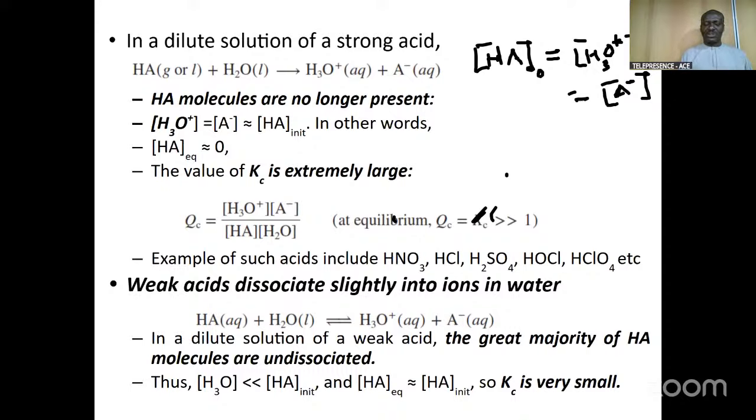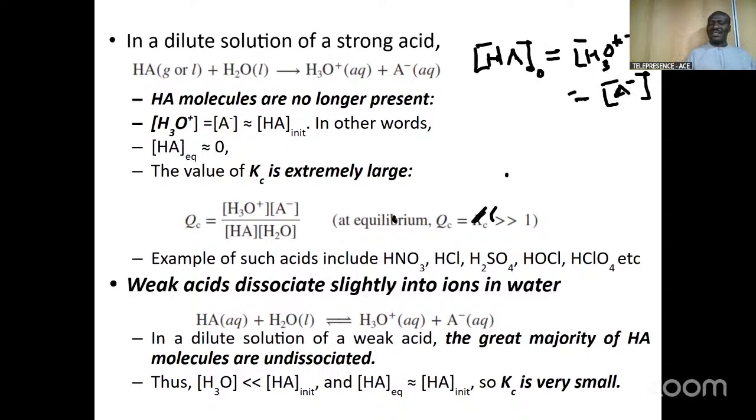The amount of hydroxonium ion, or hydrated hydrogen ion, formed is far less than the initial concentration of the acid, so the amount of acid left at equilibrium is very close to what you started with. It does not dissociate appreciably.